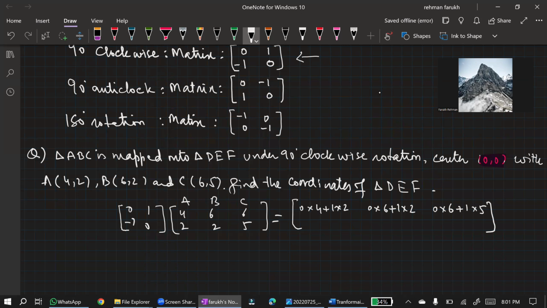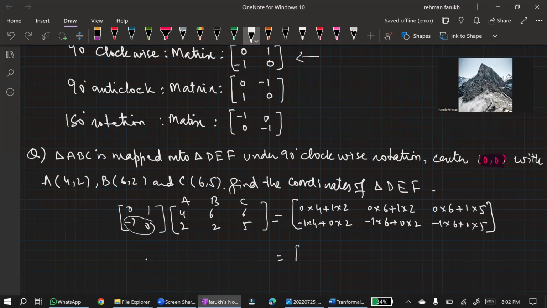Now we will select this row and multiply with all the columns in the second matrix. -1 into 4 plus 0 into 2. -1 into 6 plus 0 into 2. -1 into 6 plus 0 into 5.